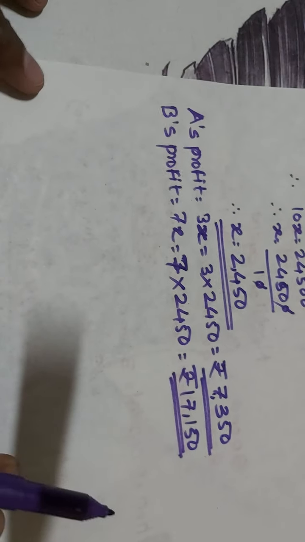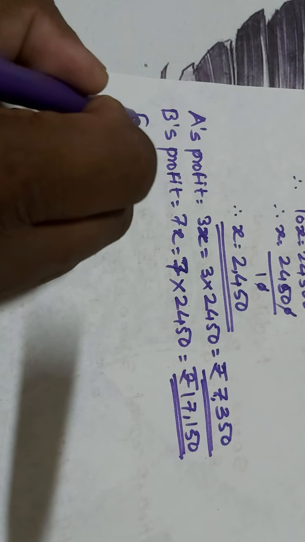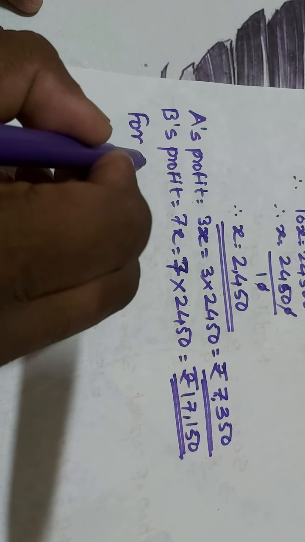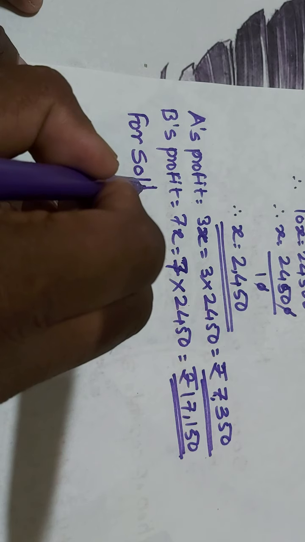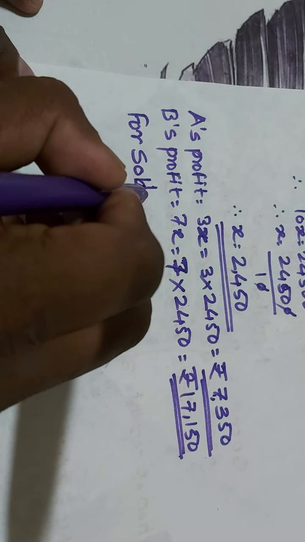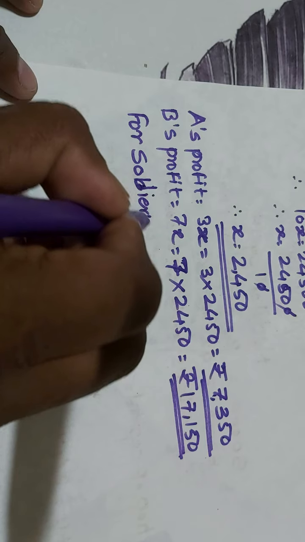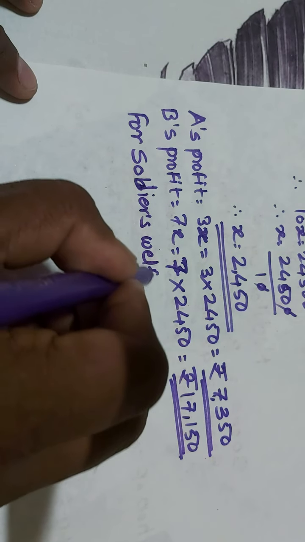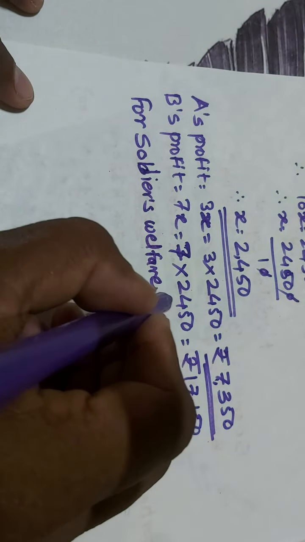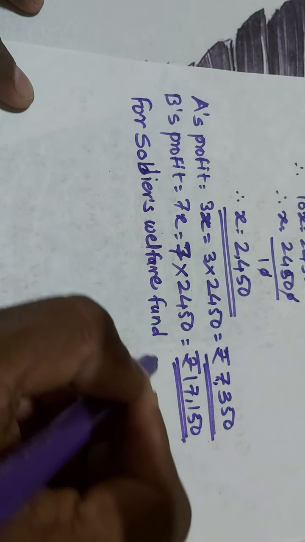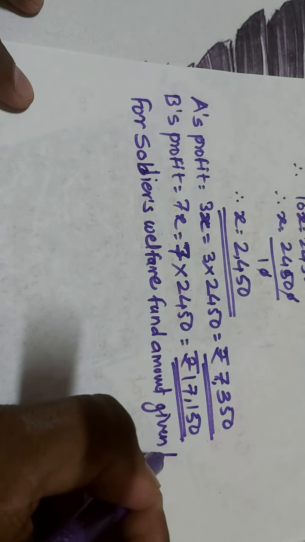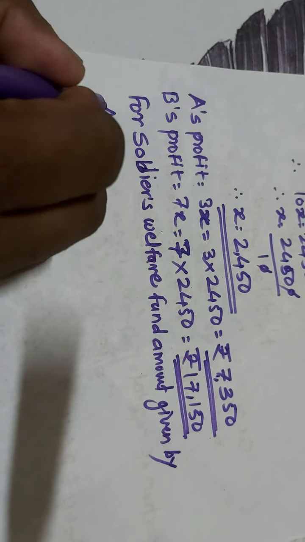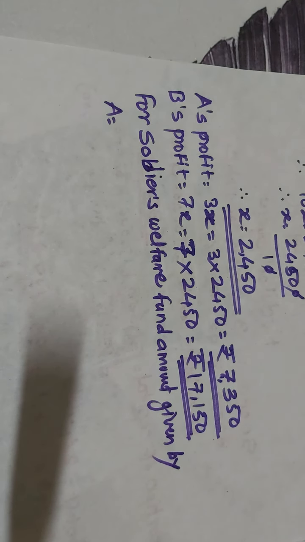So now we'll write here the soldiers welfare fund amount given by A. Already that is mentioned, 2%.